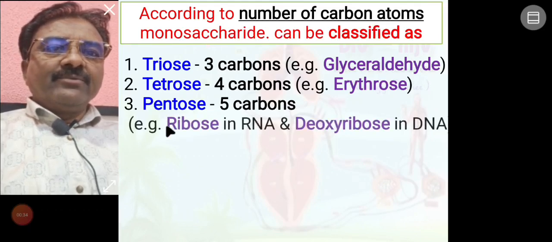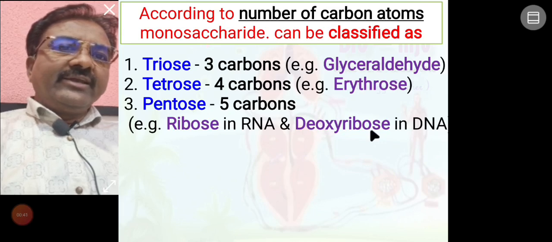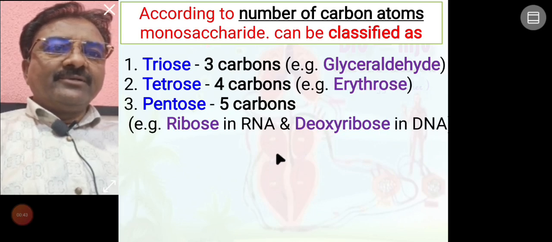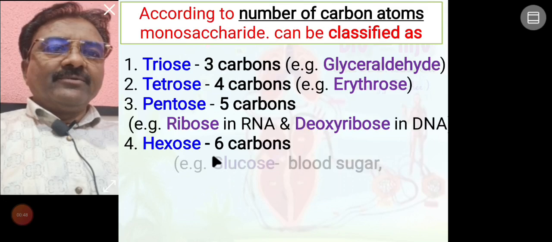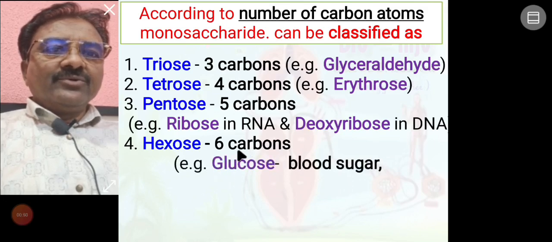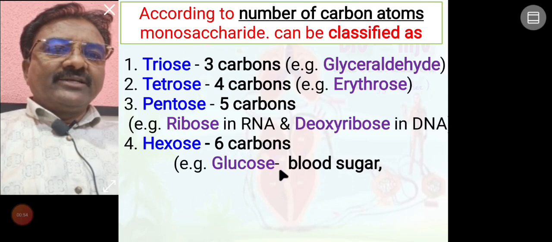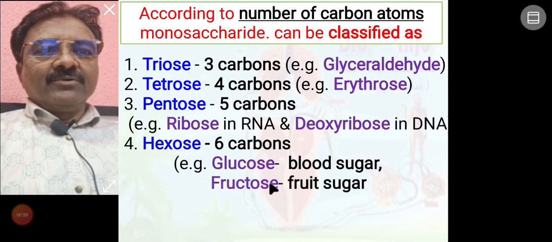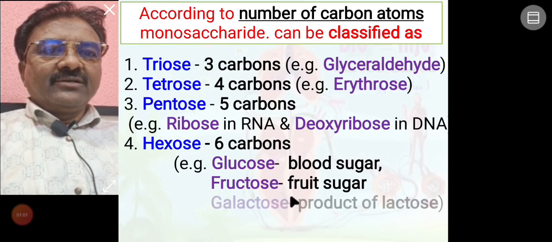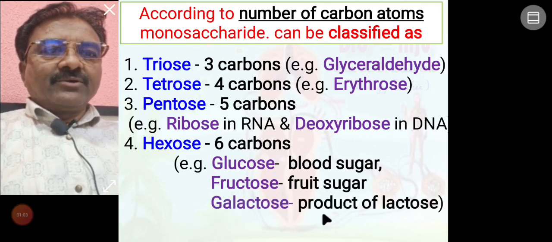Example, ribose sugar in RNA and deoxyribose sugar in DNA are 5 carbon compounds. Hexose, a 6 carbon compound. Glucose is a hexose present in blood sugar. Fructose is also a 6 carbon compound present in fruit sugar. Galactose, a product of lactose, is also a 6 carbon compound.